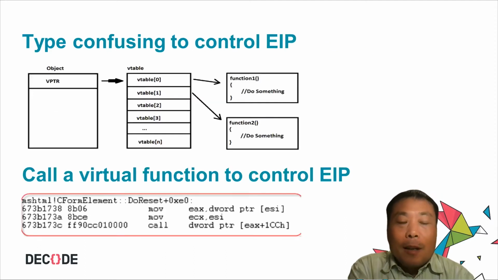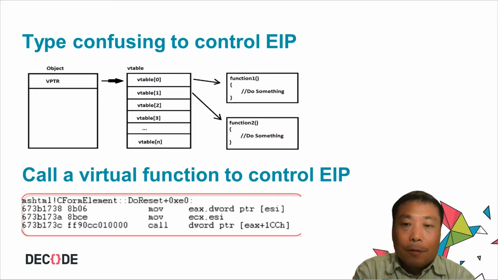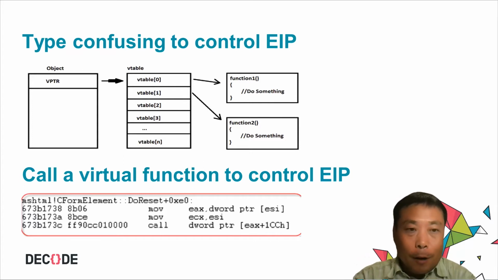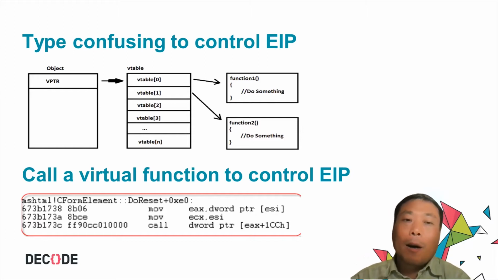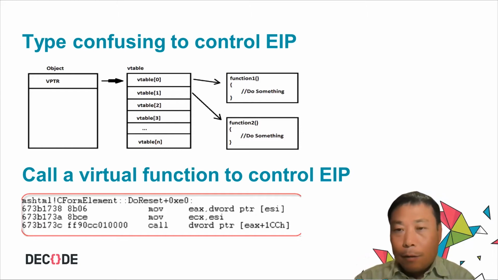Okay, first let's check the object. For any object, very likely, in most cases, the first 4 bytes will be a pointer, which points to a virtual function table. And when we make a function call on this object, the system will check this function table and find the right function and make a function call on it.